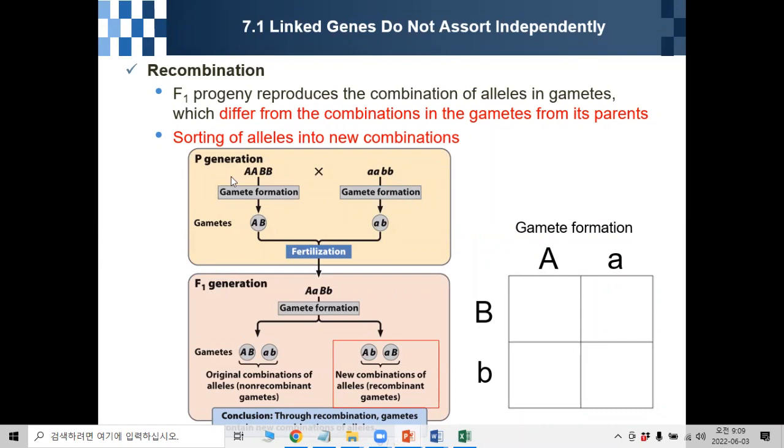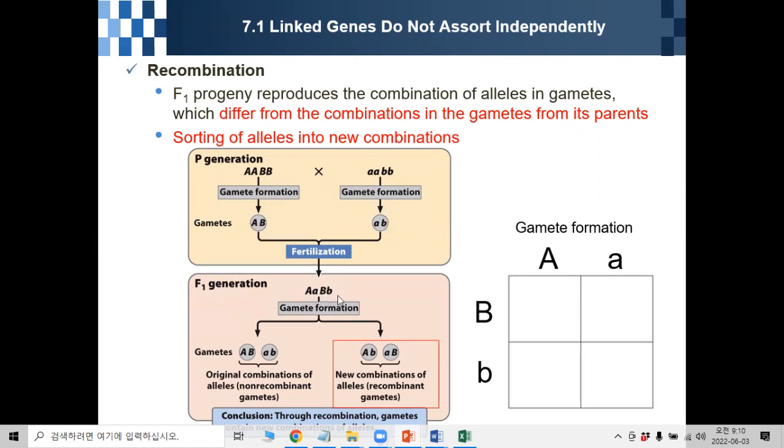Usually with independent assortment, this is the parent generation, large AABB and small aabb. Their gametes will be large A, large B and small a, small b. After fertilization, we have the F1 generation, large A, small a, large B, small b.